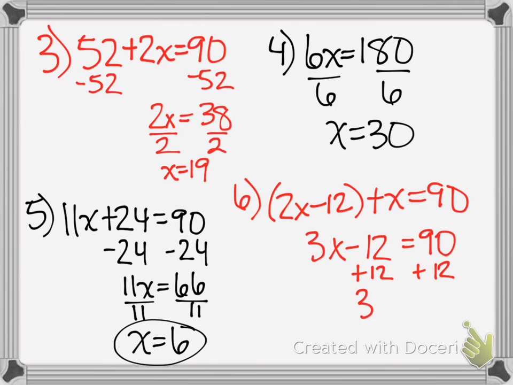Good. 3x equals 102. Finally, what's the last step? Divide by 3. What do we get for x? 34.